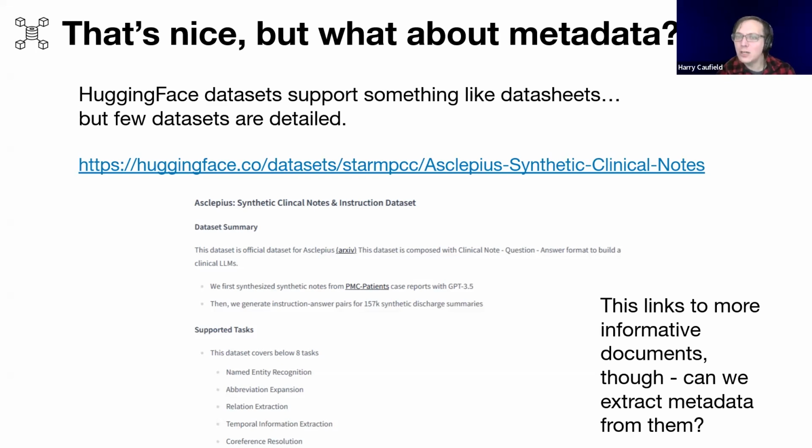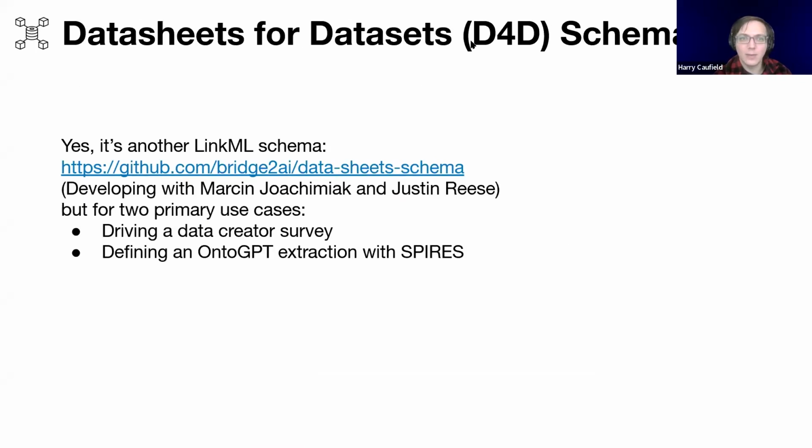It ends up being treated a bit more like a README on a GitHub repository, where sometimes it's really just the bare bones details and doesn't necessarily flesh out as much as you might in a full paper. But in many cases, they do link to more informative documents. So that's our first question there: can we extract metadata from both this kind of document and from the linked documents like websites or manuscripts? So that's why we developed the datasheets for datasets.